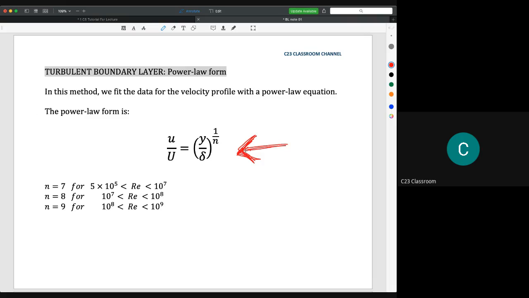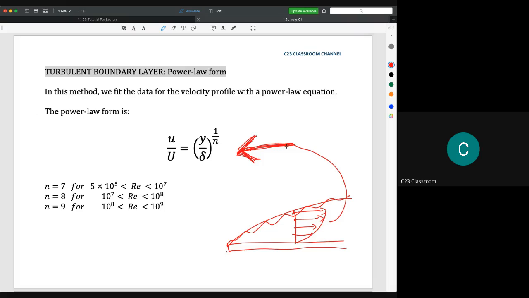Because we assume the velocity profile, if we have a flat plate here, we have the boundary layer here, and let's say the boundary layer is turbulent, the velocity profile inside this turbulent boundary layer can be represented by this equation. It is u over U, where the small u is the velocity inside the boundary layer, and the capital U is the free stream velocity.